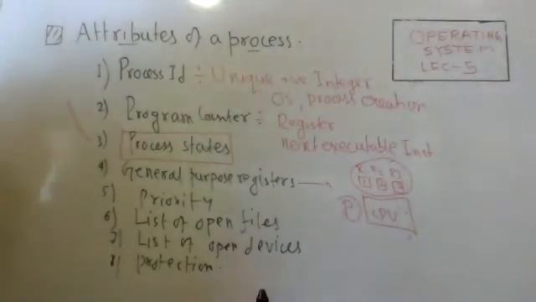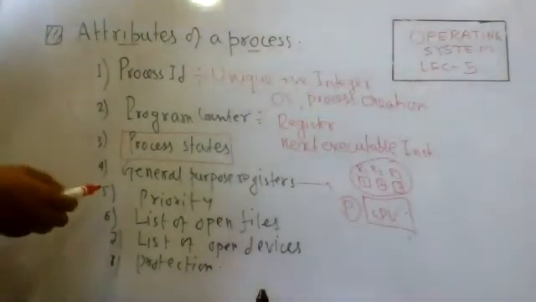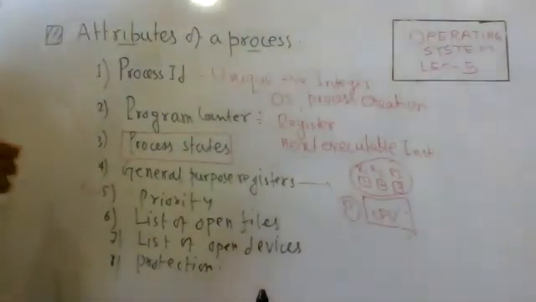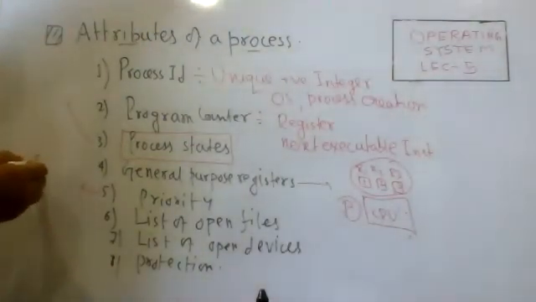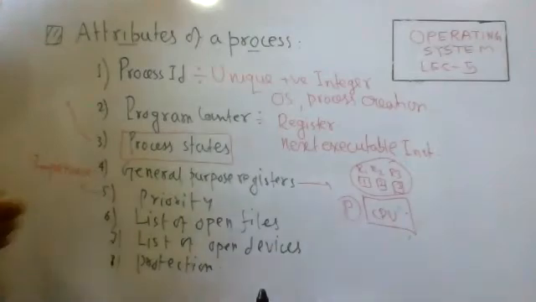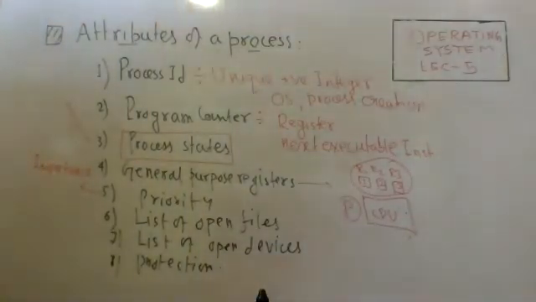Okay. Now next, process priority. So it shows the importance of a process. Whenever any process is created by the operating system, it will generally assign something called priority.